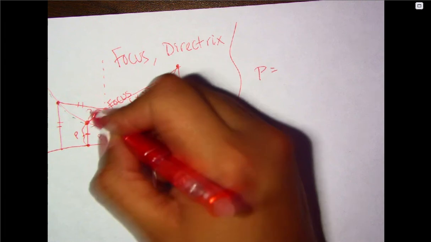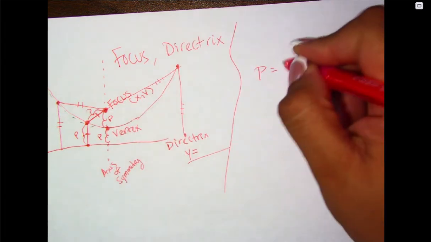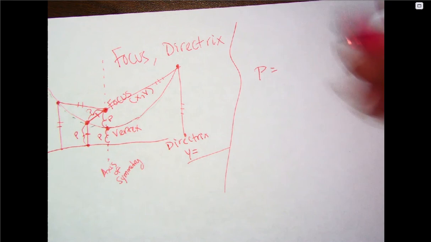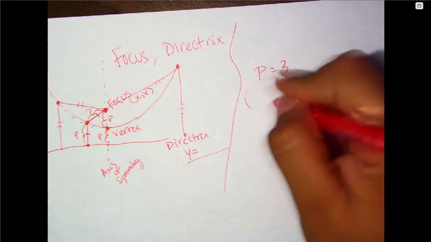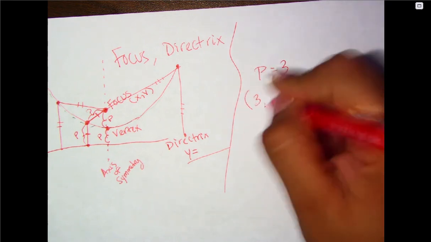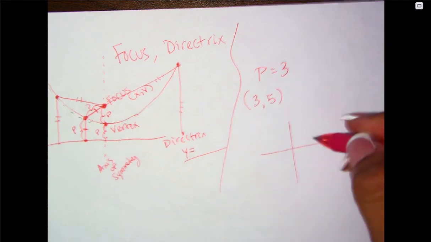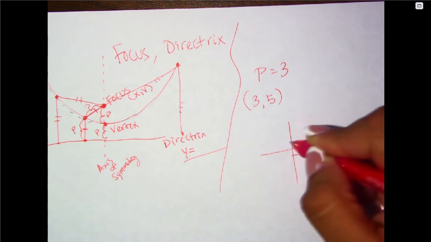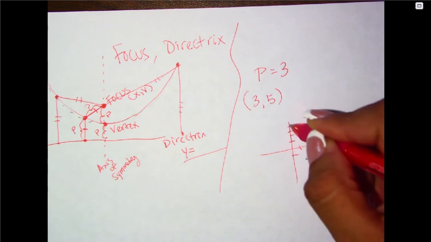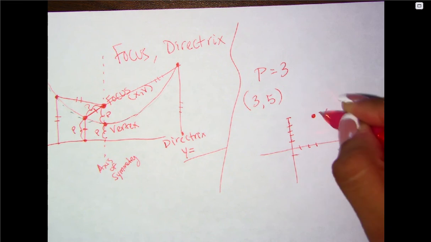So that p-value is that distance. Let's say we have a p-value of 3, and a vertex at (3, 5). So we sketch a vertex at (3, 5): 1, 2, 3, 4, 5. Right here. This is our vertex.